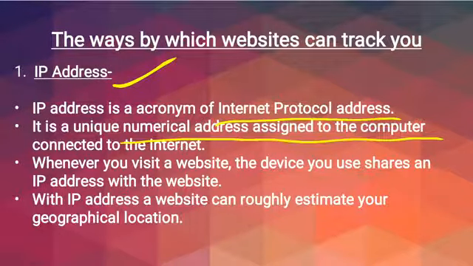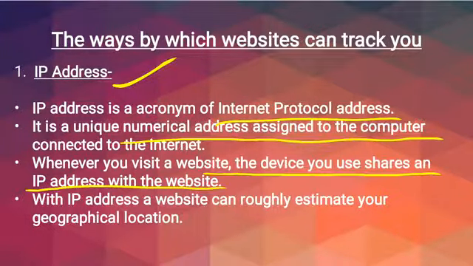Whenever you visit a website, the device you use shares an IP address with the website. So whenever you are using your computer and the internet, you will have an IP address, and it will always be shared with the website you are visiting.